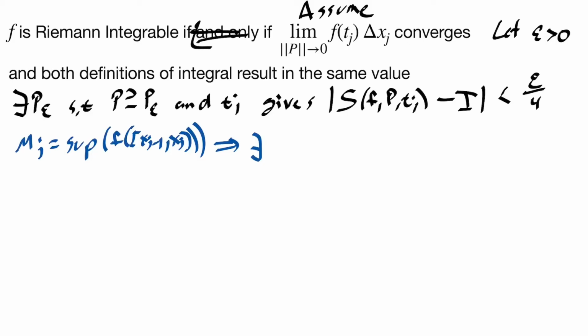And then since it's a sup, I know that there exists some tj such that f of tj is greater than Mj minus epsilon over 4. So in other words, if I have a sup value, I can back off just a little bit from that sup value, epsilon over 4, and then I can find some point in there. And that's what it means to be a sup value, right?